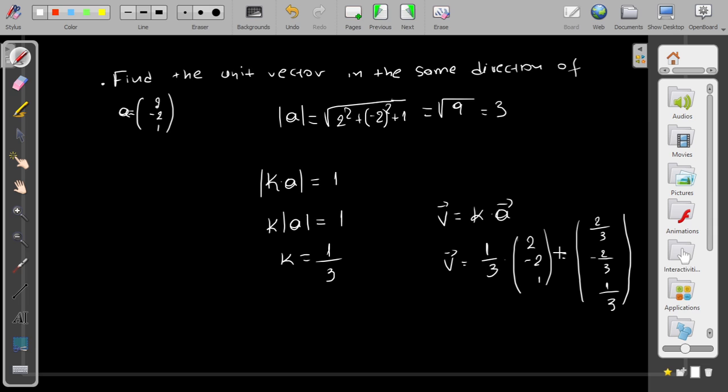So now, what did I do? I just produced a unit vector V, which is parallel with my vector A. And this is my unit vector, which is parallel in the direction of this vector.